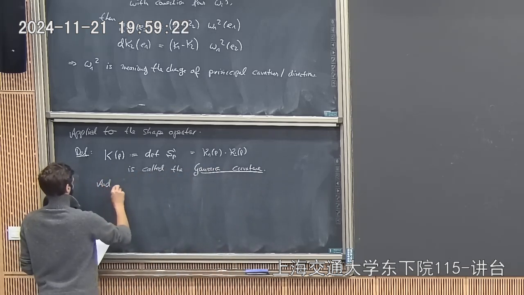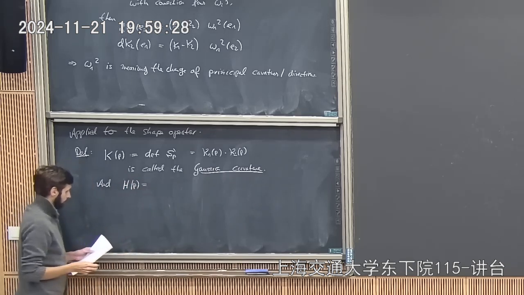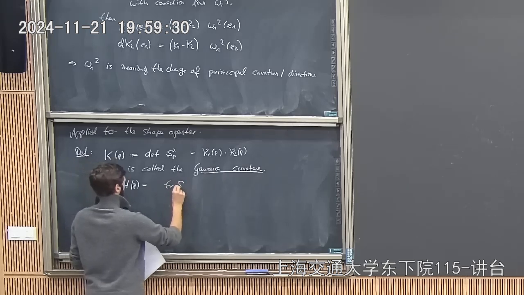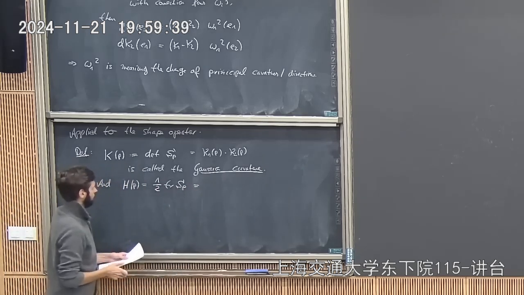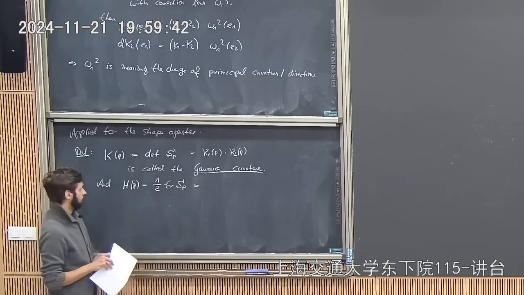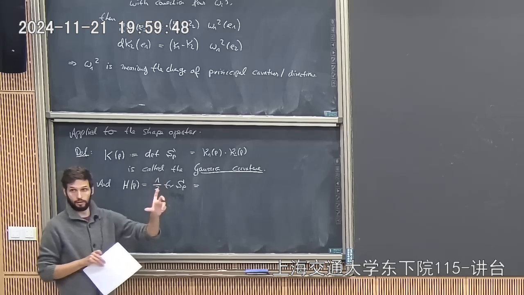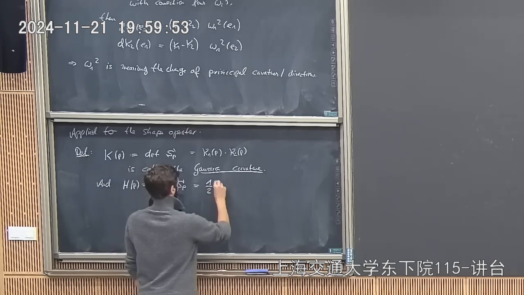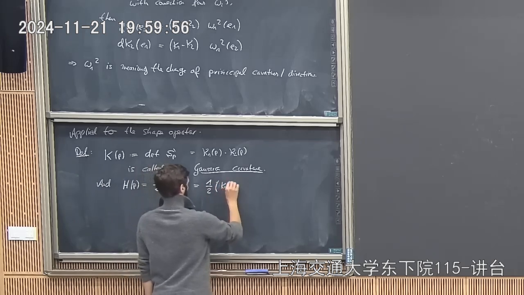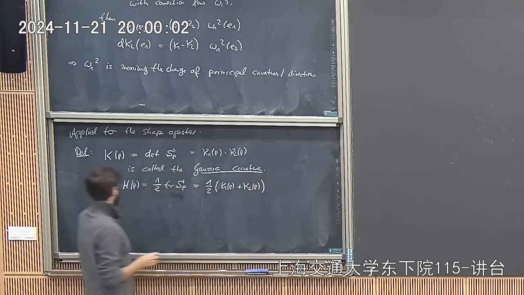And a capital H, which is just the trace of the shape operator, and by convention we add a factor of 1/2 there. The trace we can also evaluate in the basis where we have a nice diagonal expression, and then the trace is just the sum of the diagonal entries. So this is the same as the sum of kappa 1 of P plus kappa 2 of P, times 1/2.